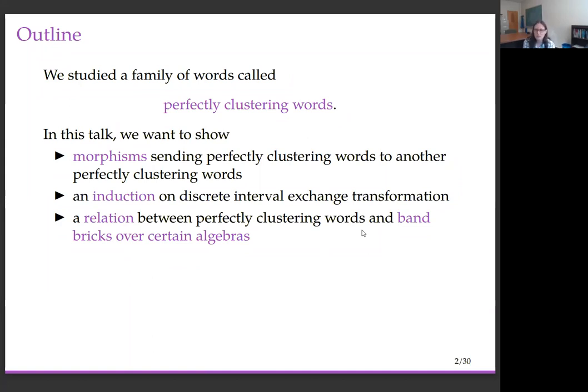So I will talk a little bit about how you construct that induction and what the links are between the morphisms and the inductions. The first two things were work that I did during my PhD thesis.